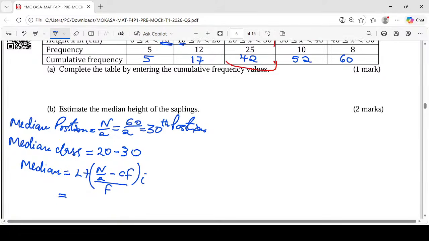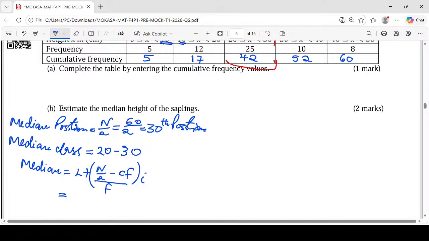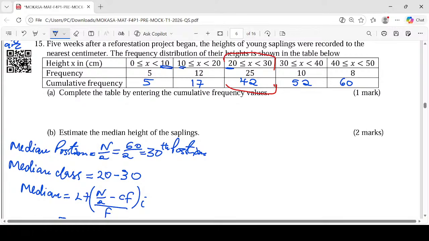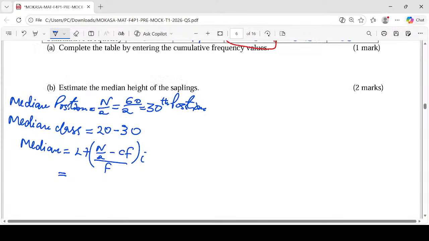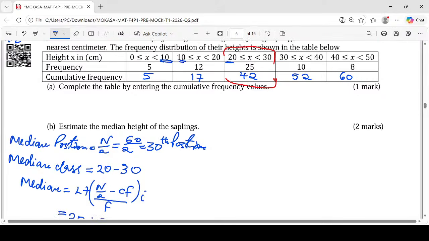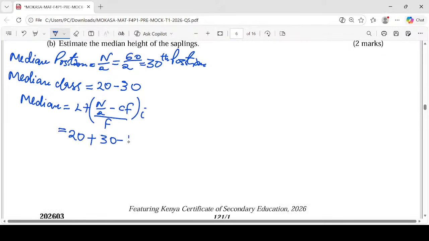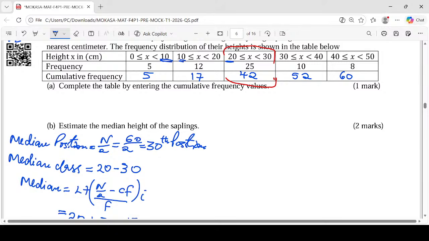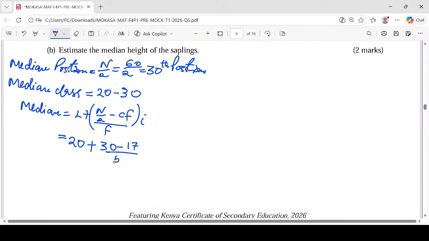Our L will now be 20. This is continuous data, so we are going to have exactly 20, not 19.5. So our value of L is 20. We are going to have 20 plus N over 2, that will be 30, minus the CF above that class. The cumulative frequency above that class is 17. So this will be minus 17 all over the frequency of that class, which is 25, times the class interval. How do you get the class interval? 30 minus 20 to make it 10.